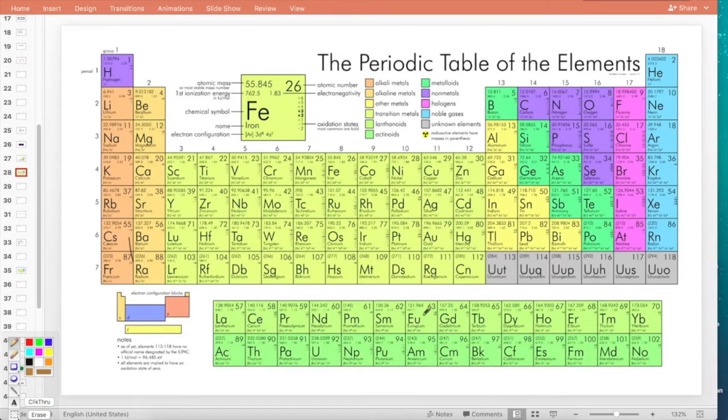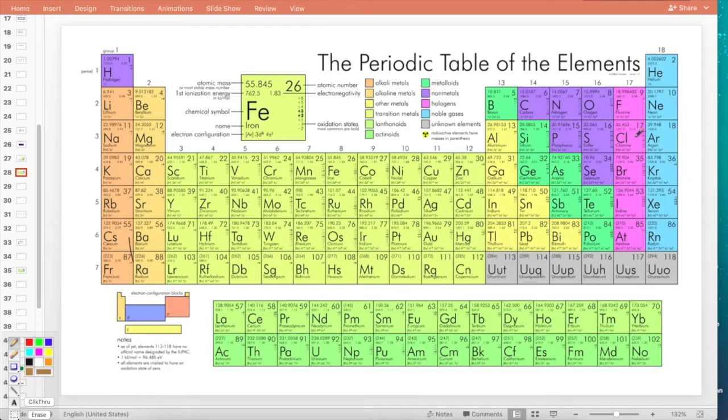The lanthanides and actinides are down here. The metalloids, sometimes known as semi-metals, start with boron and kind of stair step down to polonium. The non-metals are here. Halogens and noble gases are also types of non-metals, but they are a more specific type.